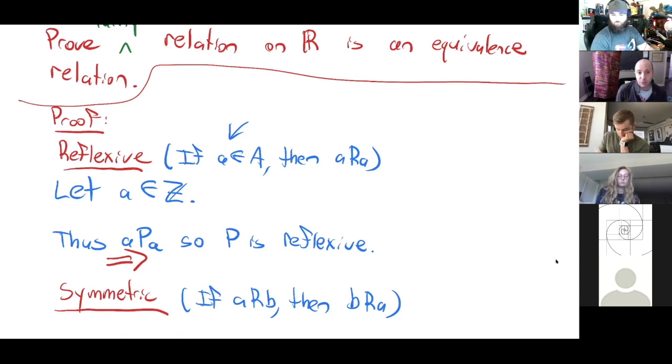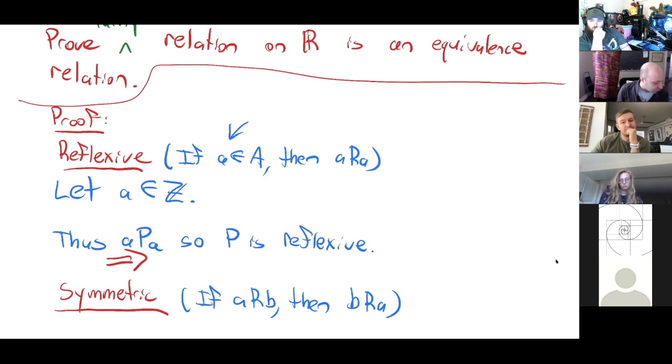And if the relation here is the parity relation, how can we argue that A is related to A? Just by proving it is either even or odd. Therefore, itself is even or odd.